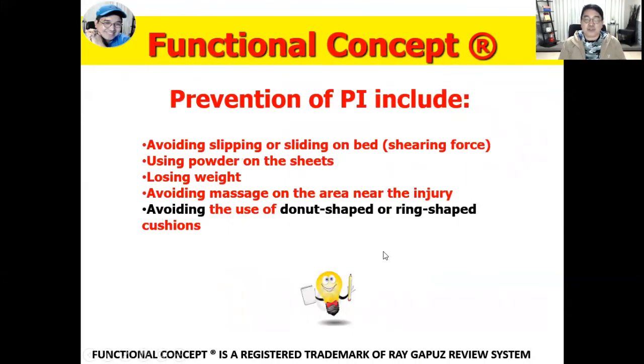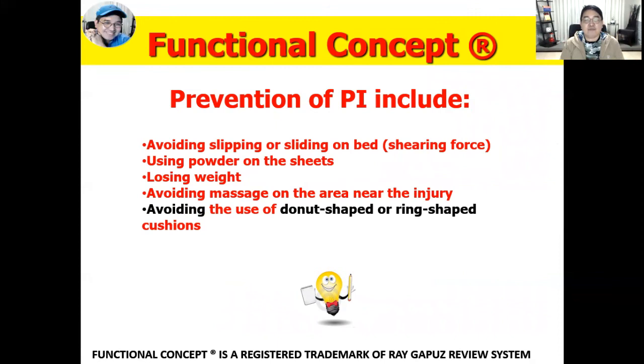Okay, so prevention of pressure injury would include avoiding slipping or sliding on bed because of the shearing force. And this is important, especially when you have elderly clients. And then using powder on the sheets, then losing weight, because a tremendous amount of weight could actually put pressure on some parts of the body.